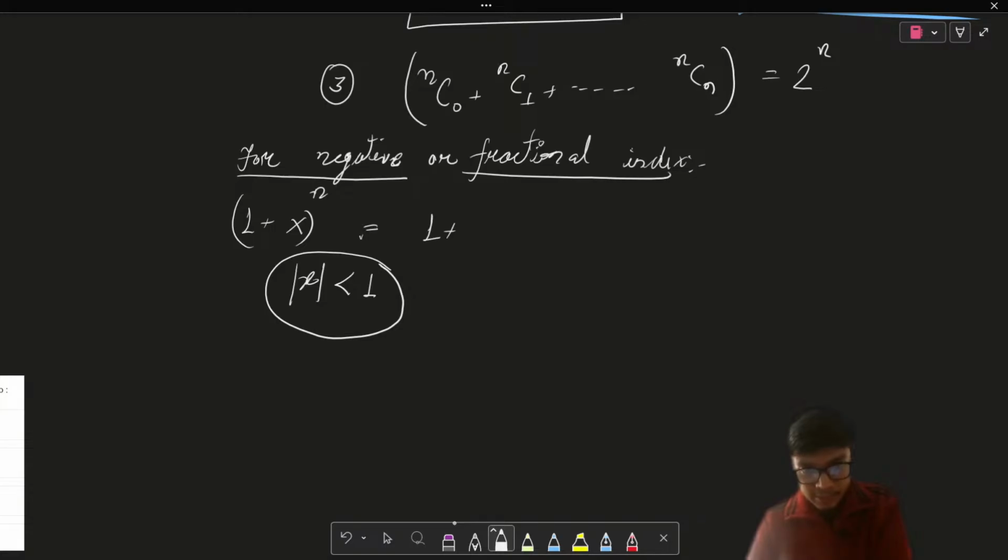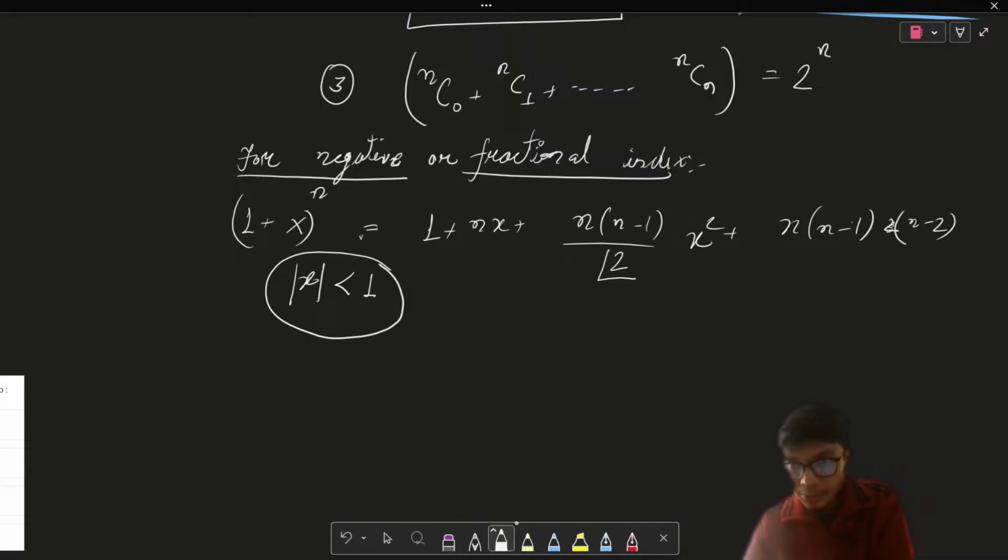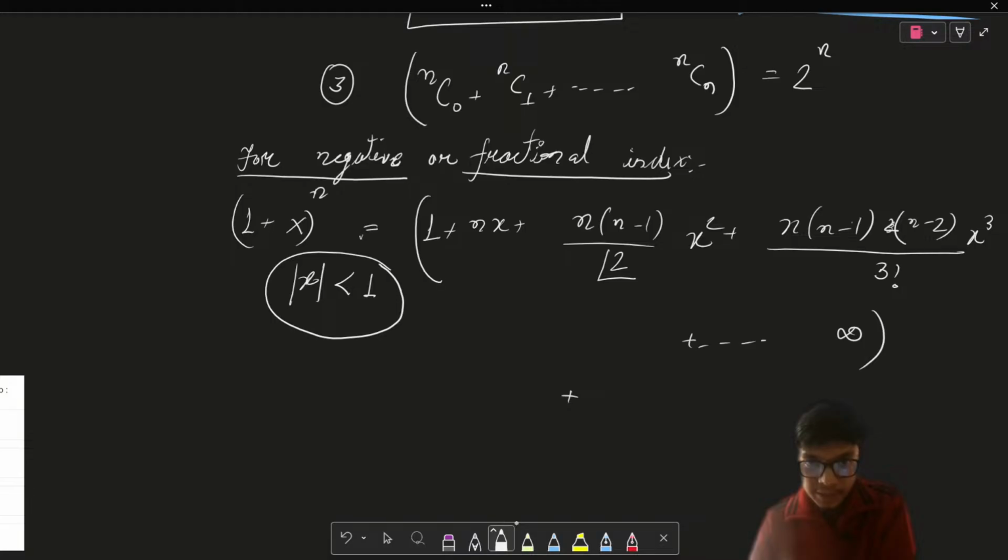Then I can write the expansion as 1 plus nx plus n(n minus 1) by 2 factorial into x squared, plus n(n minus 1)(n minus 2) divided by 3 factorial into x cubed, and so on up to infinity. So we'll have infinite terms in this case.